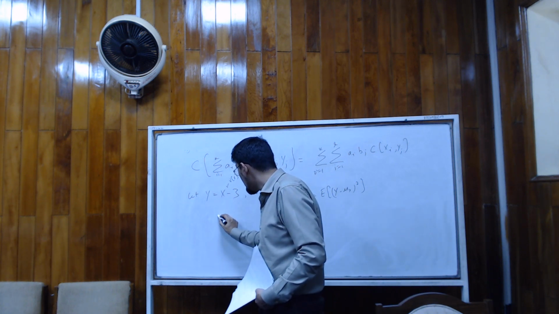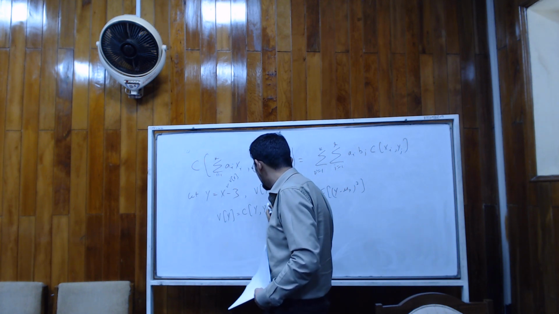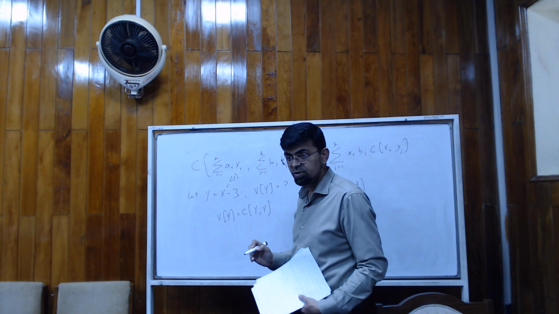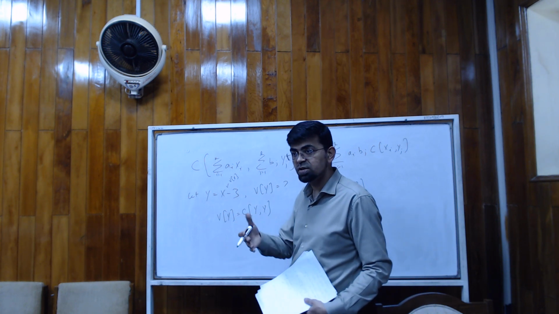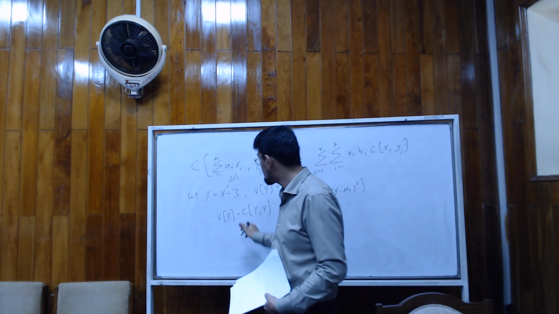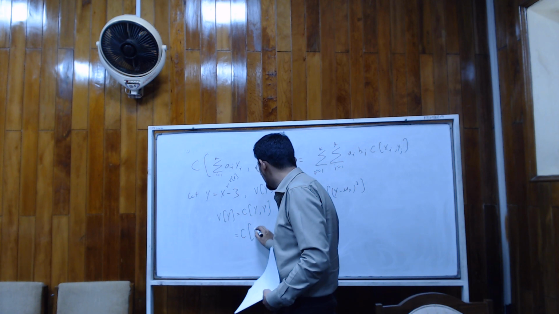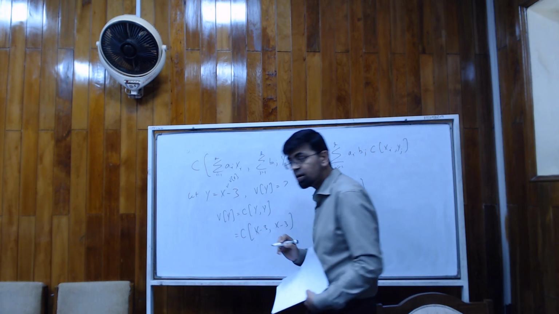I'll show you. We already saw that the variance of Y is the covariance of Y with Y. Use this trick in analytical solutions. We don't go for the quadratic thing. We use this trick. So that means covariance of X minus 3 with X minus 3.